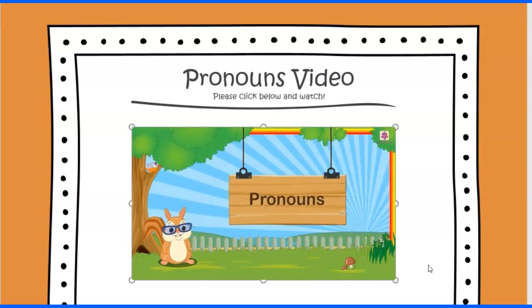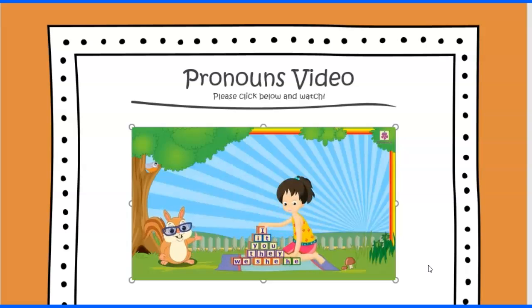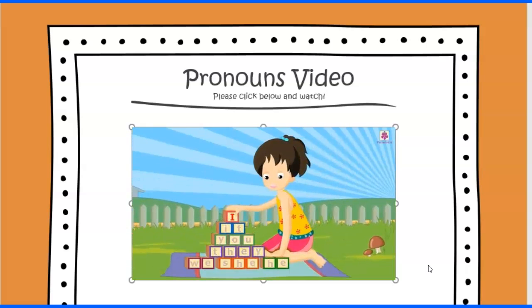Pronouns. Let us see what Nikki is up to. Nikki is making a word wall with short words. She has made the word wall with words I, it, you, they, we, she, he.